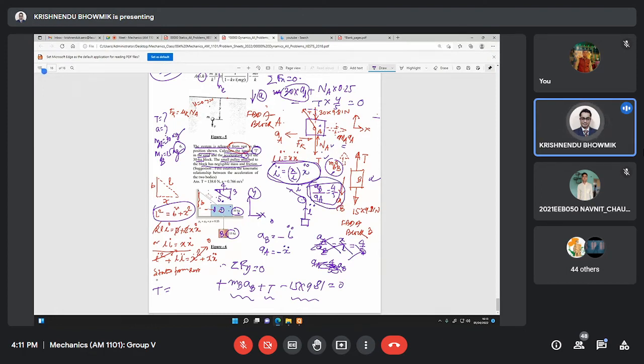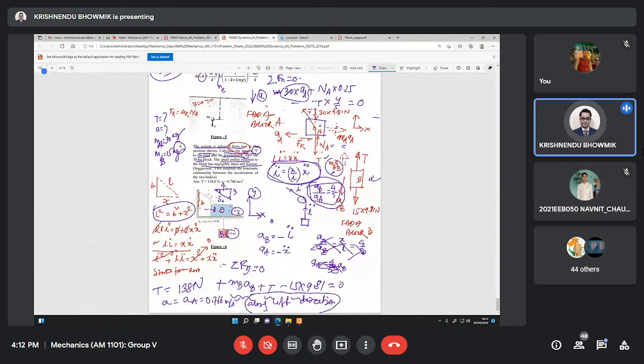Then T you will get is 138 Newton, and this A is the A of the 30 kg block, AA, that value will be 0.766 meter per second square. Movement is along the left direction. That information is enough for me.